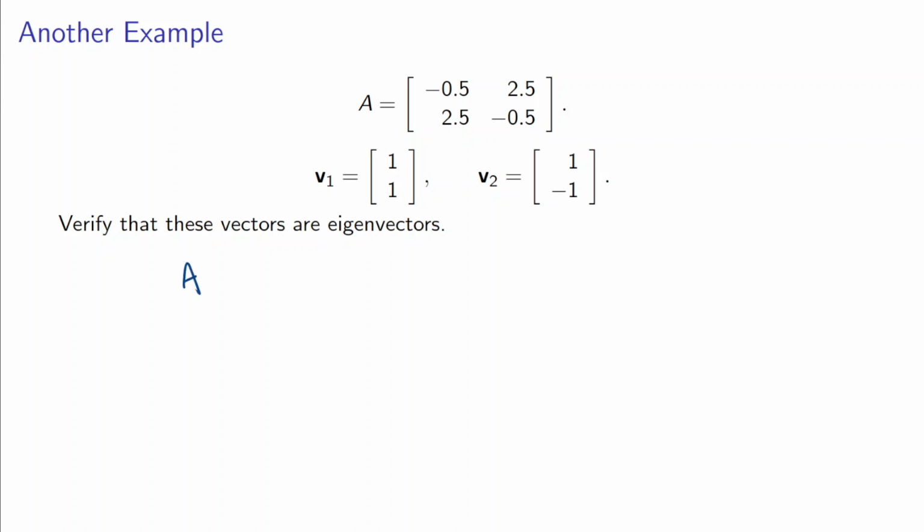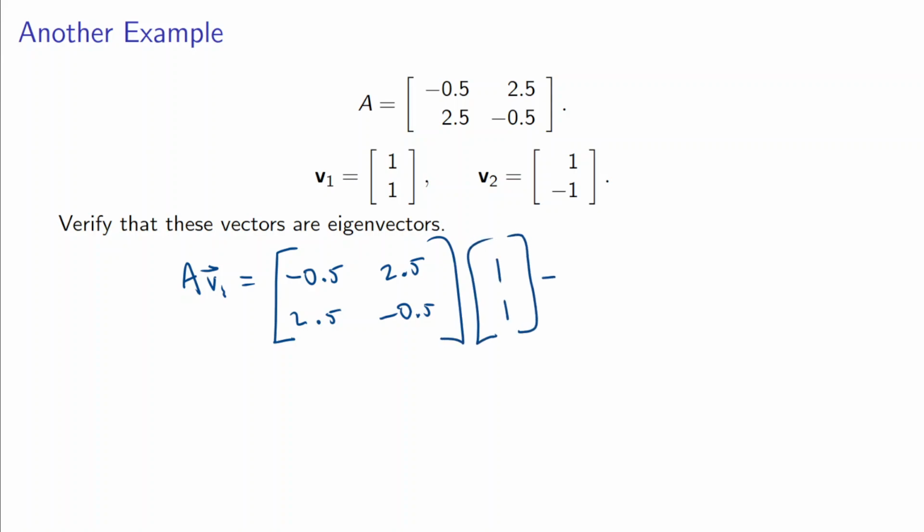So what do we need to look at? First, we need to look at Av1, and we want to show that that's equal to some lambda v1. So we'll just do our matrix vector multiplication, Av1, negative 0.5, 2.5, 2.5, negative 0.5, times 1, 1.